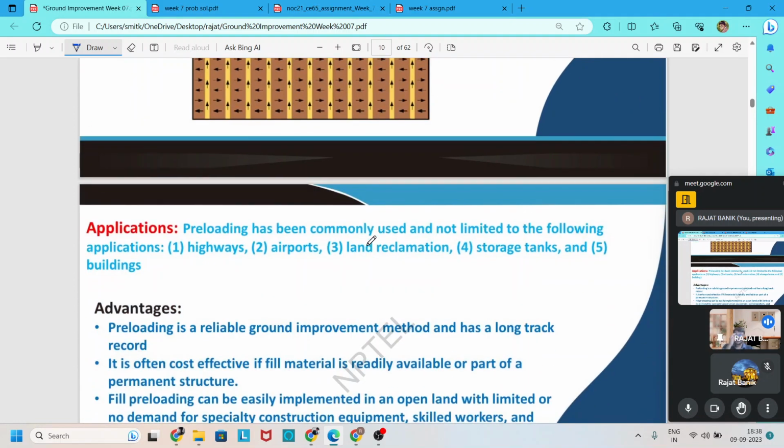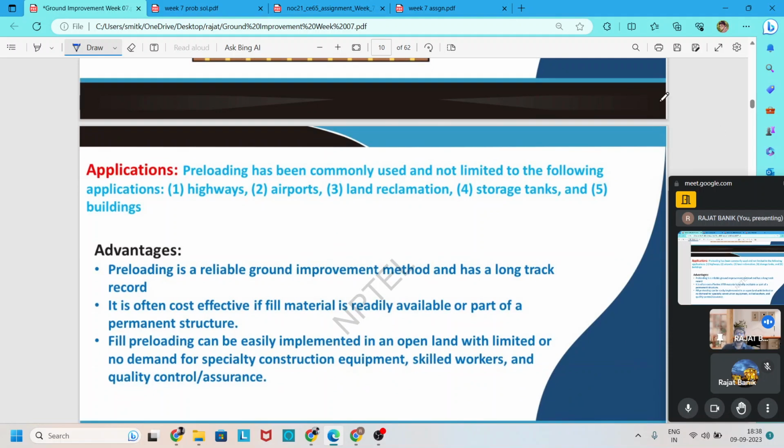The next slide is regarding the application of the vertical load or preloading technique. It is said that it is mostly used in highways, airports, land reclamation, storage tanks, and buildings. The advantages of this technique are that preloading is a reliable ground improvement method and has a long track record.